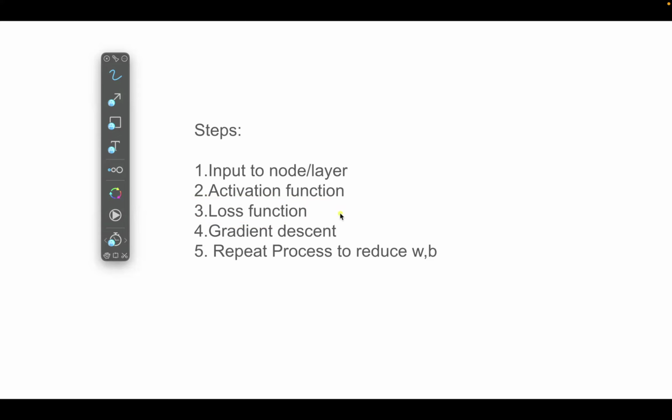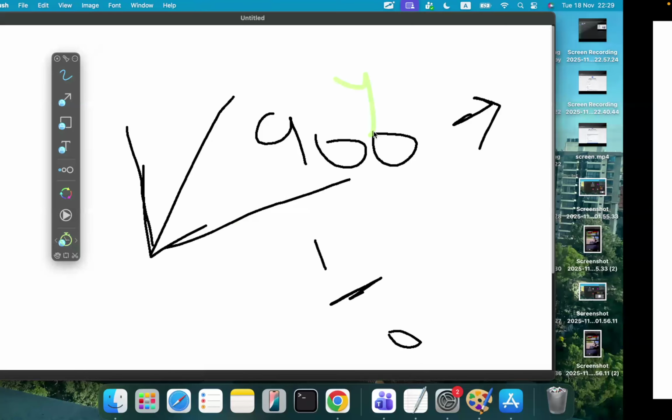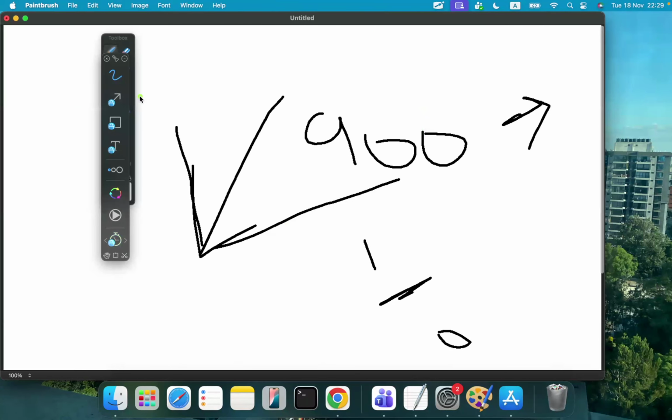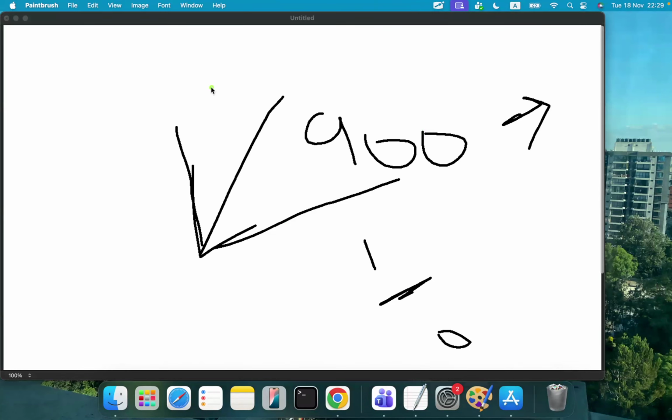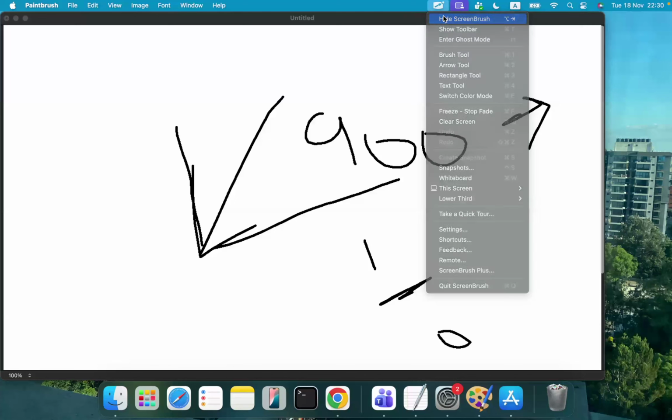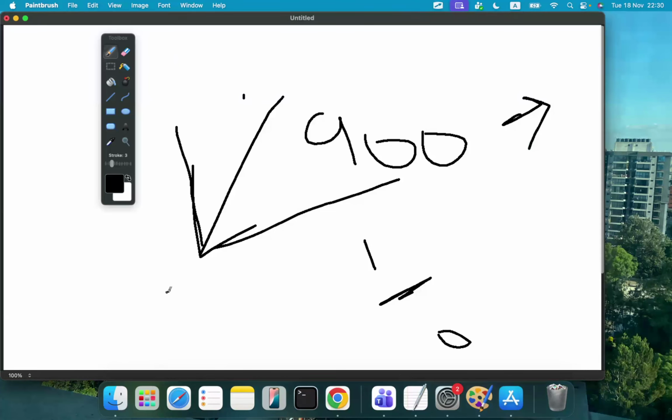The loss function is just the difference between our output and the correct value. I'm going to explain all this again today.